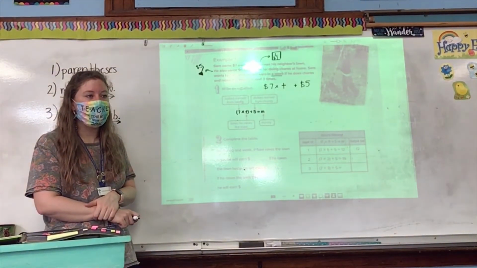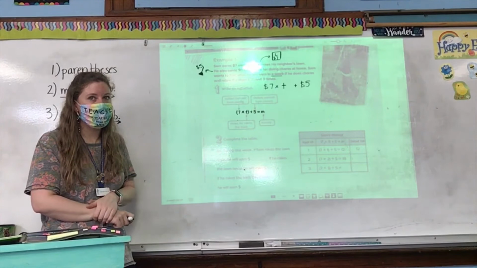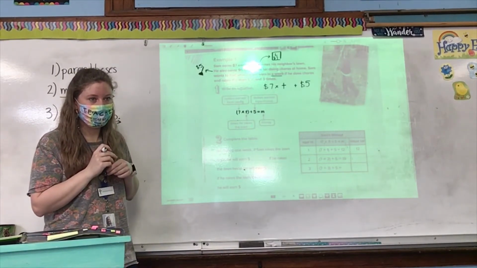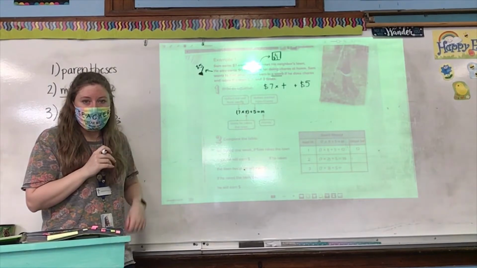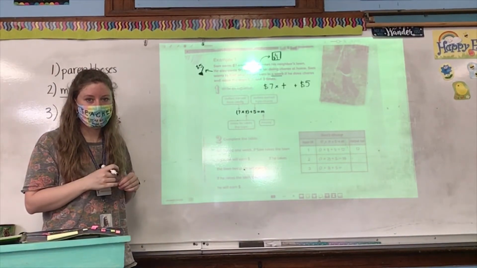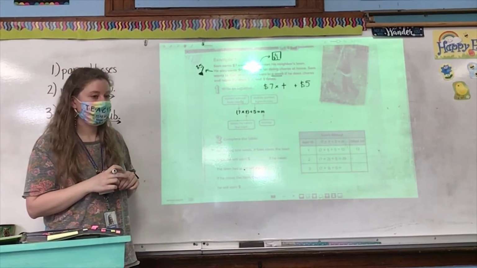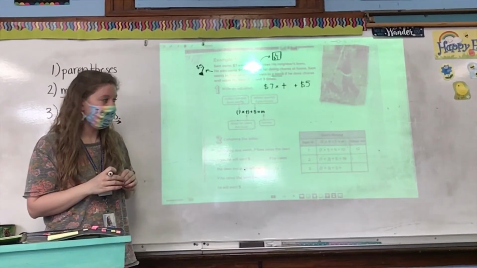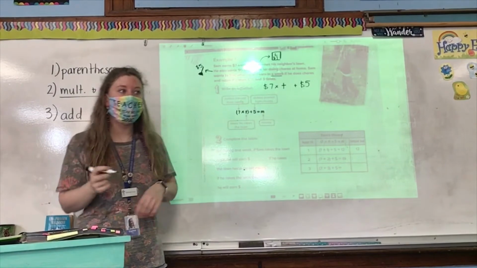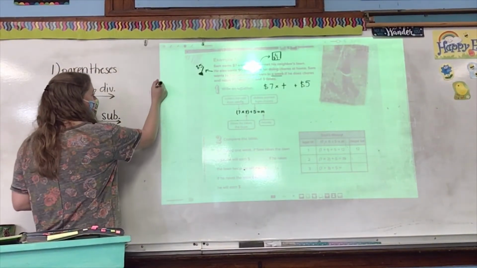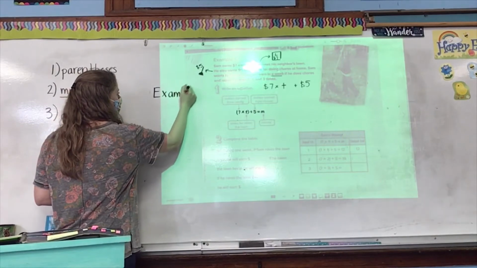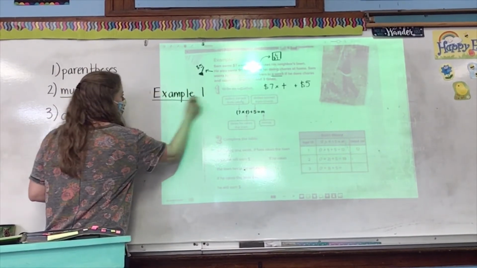Actually, you can use the same one, but go ahead and get out 2 just in case because you're going to need a lot of space. Okay, just make sure you label. So on your separate sheet of paper, go ahead and label example 1.